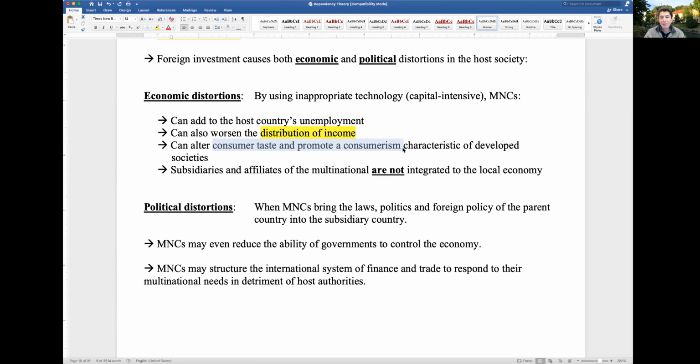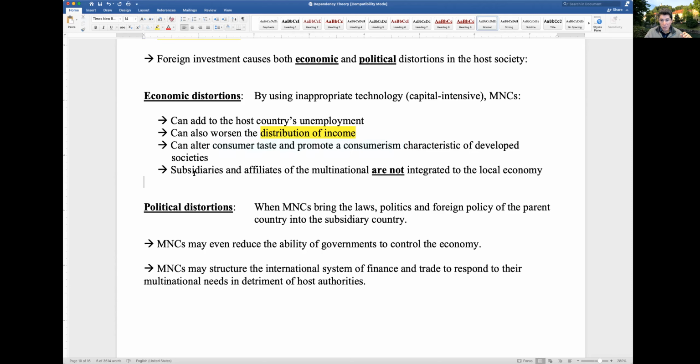And so the point of this story is that many people in dependency theory argue that the expansion of economic interest and political interest have cultural ramifications that are not necessarily in the best interest of the hosting countries, the poor countries, right?